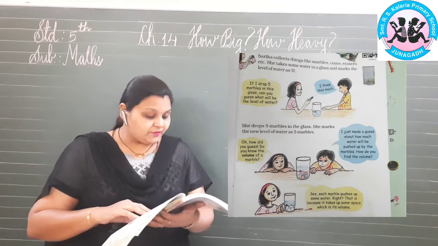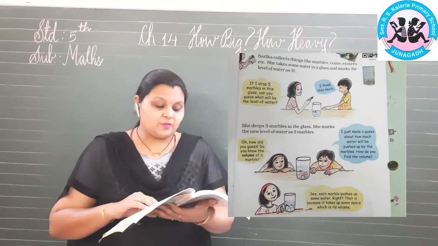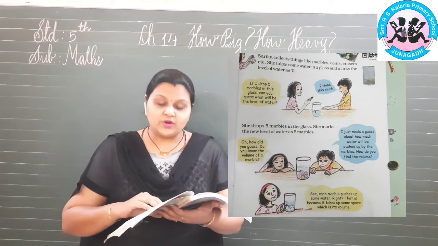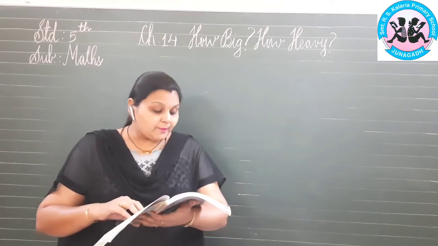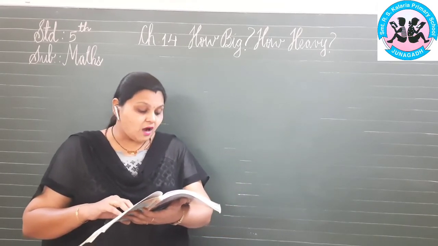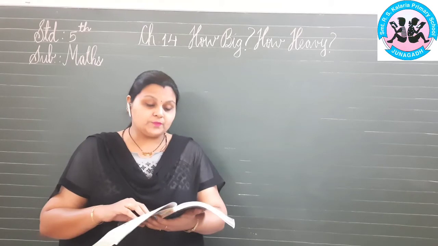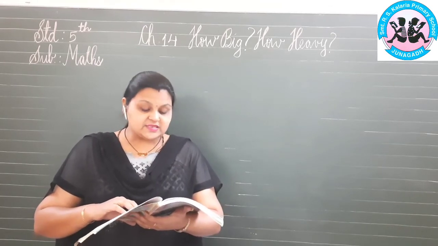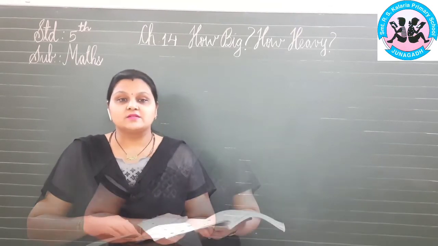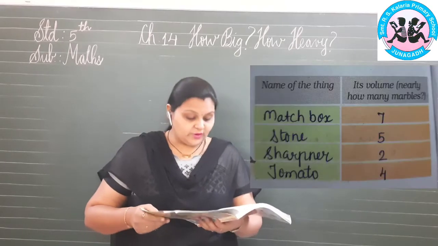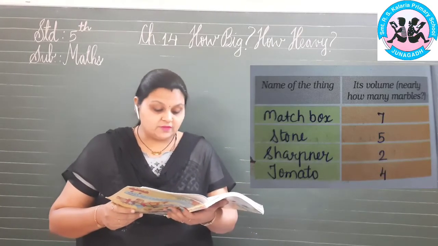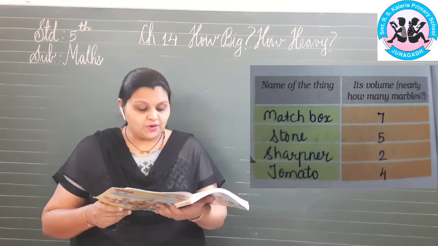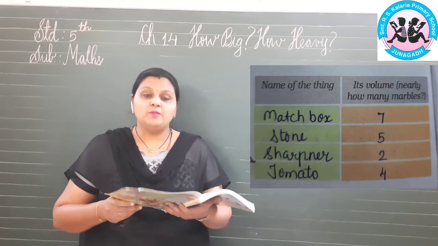Now, try with different things like a matchbox, a stone, etc. and fill in the table. The matchbox floats. How do I find its volume? Let's fill it with sand or nails. Now you can see in the table the name of the thing is given and its volume, nearly how many marbles.